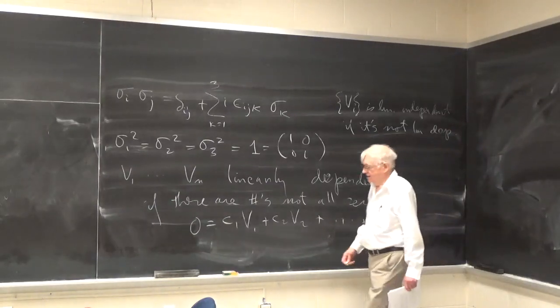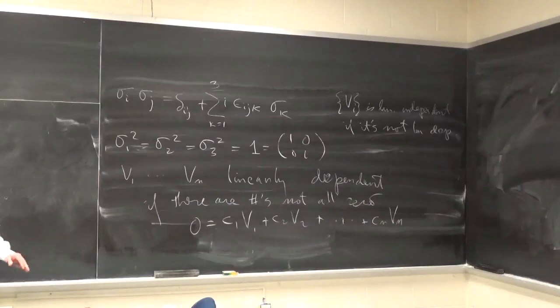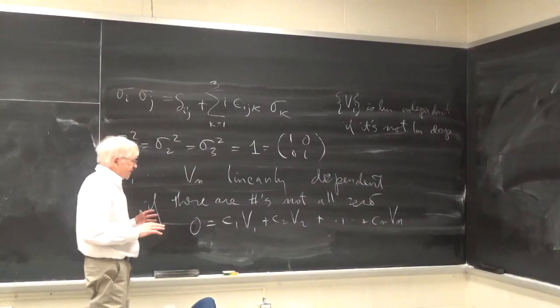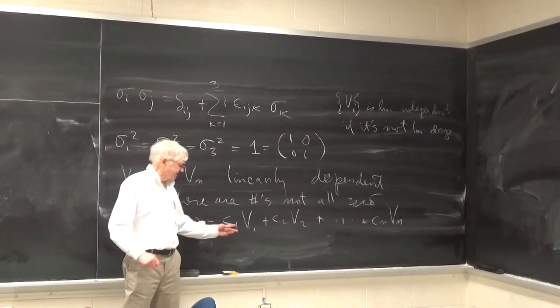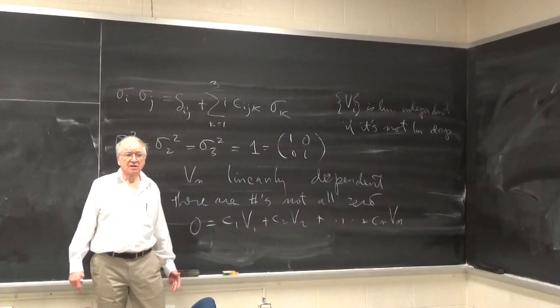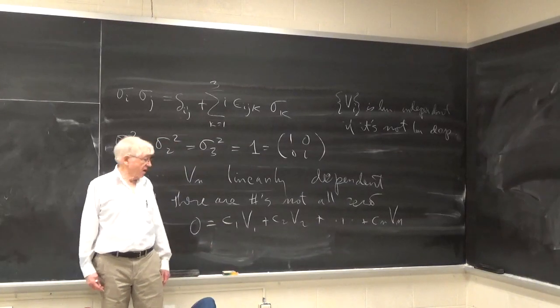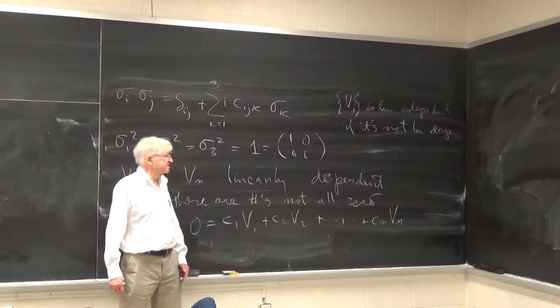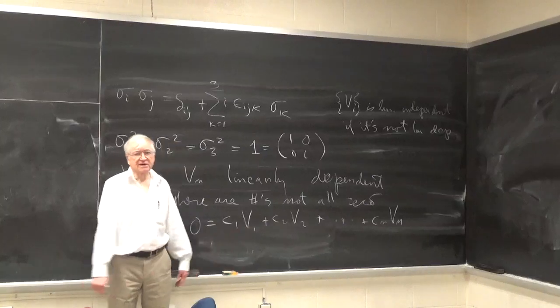So the key definition is that linear dependence means that you can find coefficients, not all 0, such that when you multiply them into the vectors in question, the sum adds up to 0. That's linear dependence. Linear independence is if you're not linearly dependent.